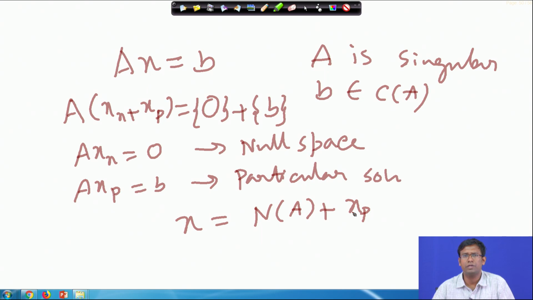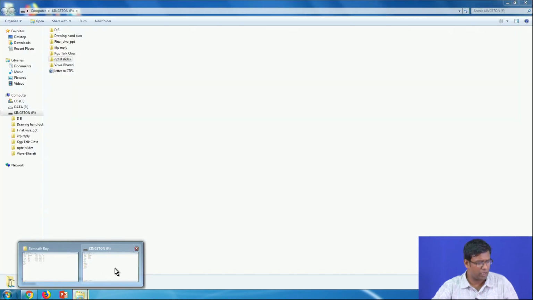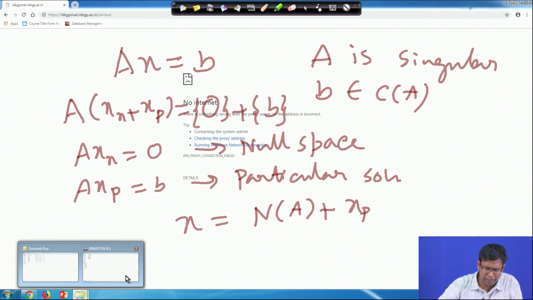So, if I can find one solution x_p which satisfies A x_p = b, I can add it to any of the null space vectors and I will get a solution. Now, we can check how to get the null space and the particular solution, which I have done in quite some detail. You can find it in lecture 16.